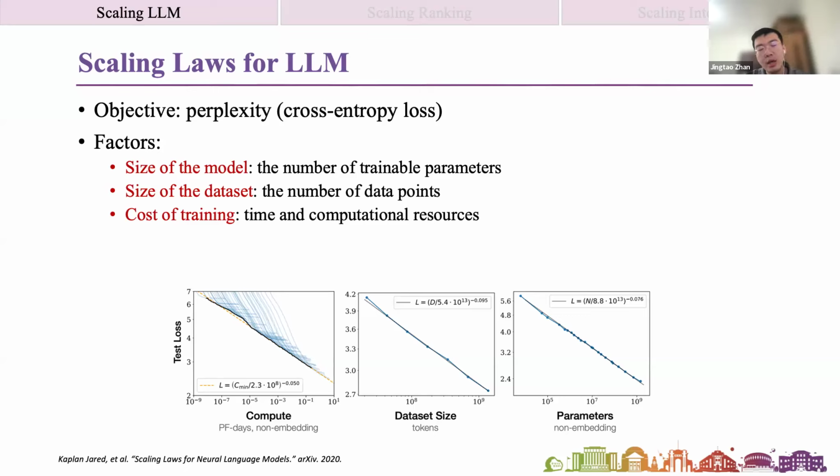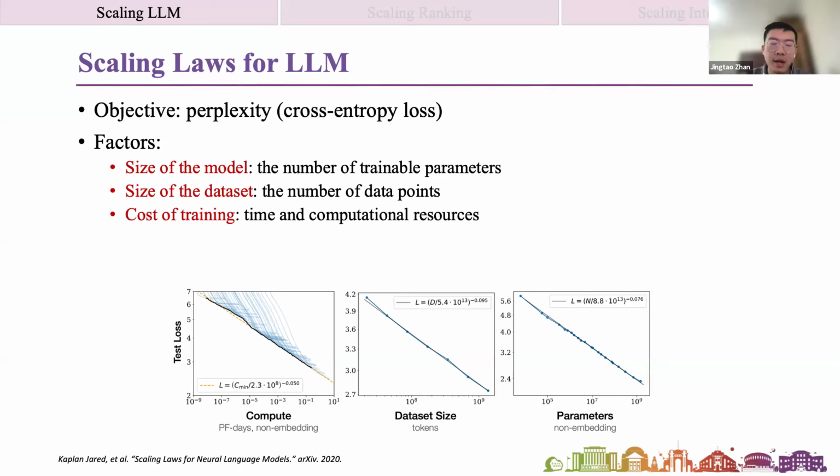And in this way, we can know exactly what the objective will be when we increase the model size or the data size. This is what OpenAI empirically found in 2020, and this has been very popular for existing large language model companies as the reason to scale up their model size.